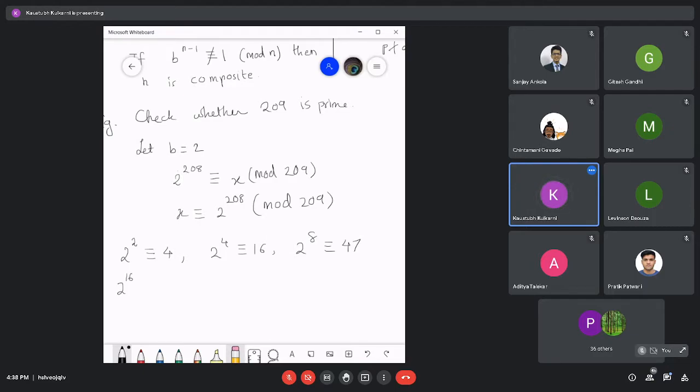Then 2 raised to 16. This you'll have to calculate actually. So 47 square modulo 209. 47 square mod 209 is 119. Yes, that is correct. Then 119 square modulo 209.